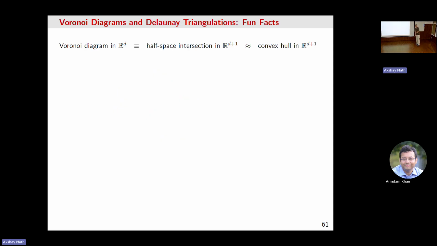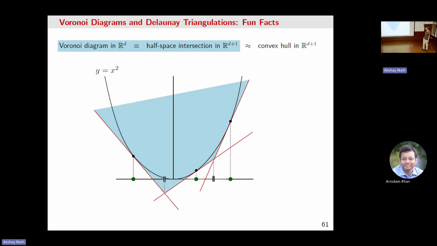I don't know if you showed this in the course, but if you look at a Voronoi diagram in d dimensions, it's essentially the same, or roughly, as half space intersection in one dimension higher. So here's an illustration if you go from 1D to 2D.